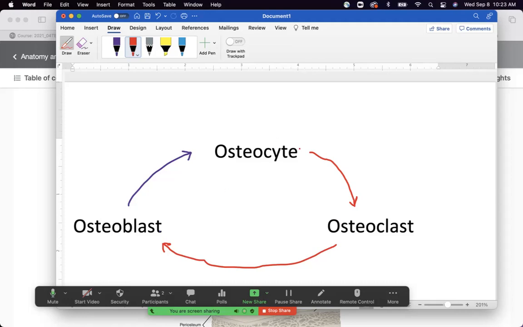It's not because she's a lizard, not a human being. She's young and her remodeling is quite efficient. So she's able to make osteoblasts really fast. And then it turns into the mature osteocyte, and all the damaged or old osteocytes get broken down by the osteoclasts. And this is called remodeling.